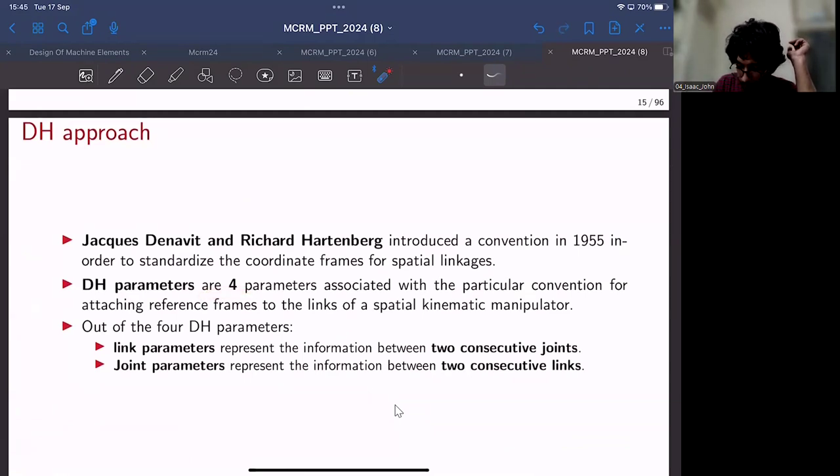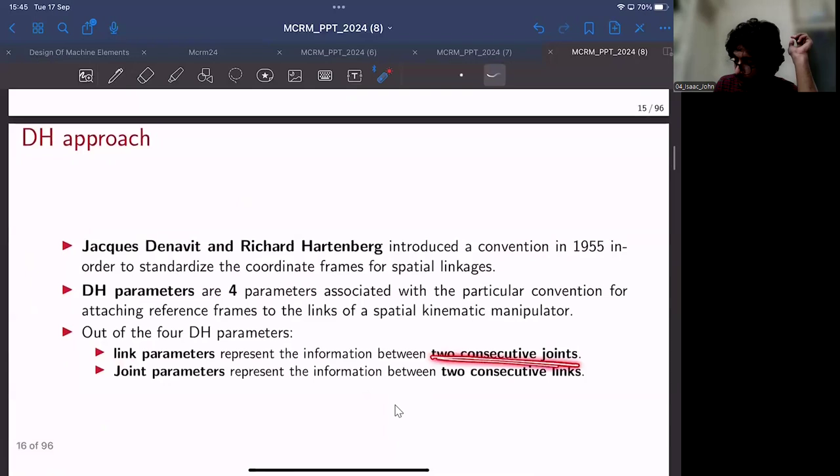We call two of them link parameters, which represent the information between 2 consecutive joints. The angle between 2 joints and the distance between the 2 joints, we represent using link parameters. And there are 2 joint parameters, which represent the information between 2 links regarding their relative orientation and their relative distance to each other.